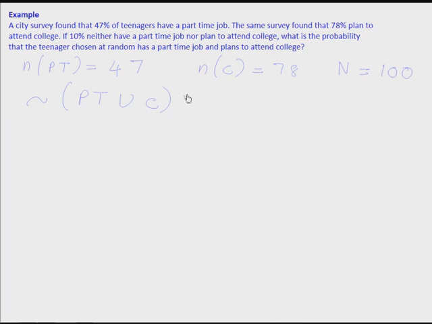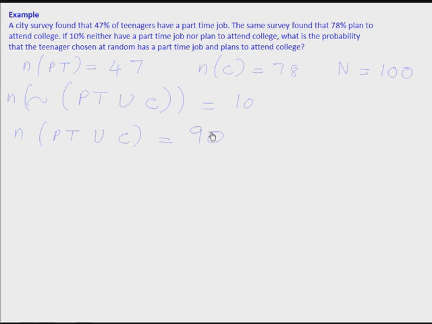And this number is 10%. So what does this tell me about the union of the sets PT and college? Therefore, it tells me that the number that have either a part-time job or attend college must be 90. The other 90% must have either a part-time job or must attend college.